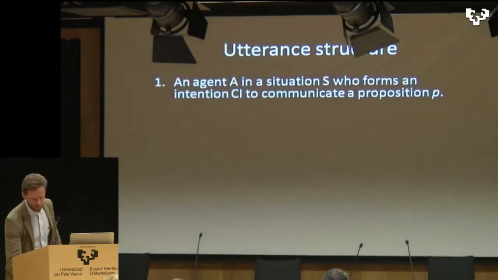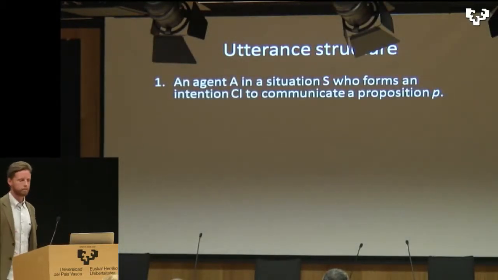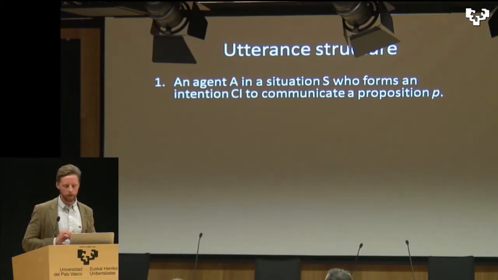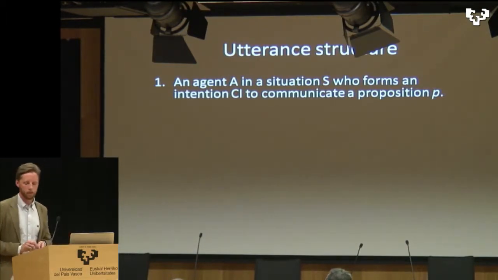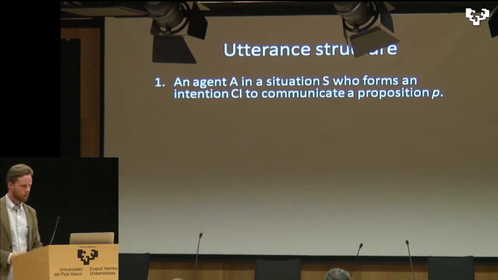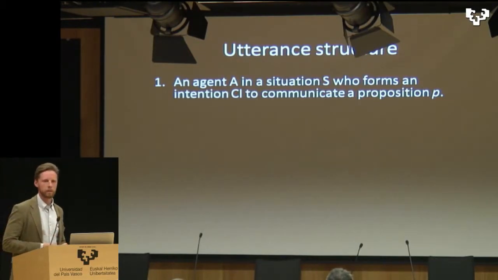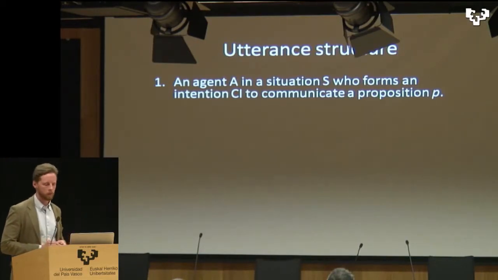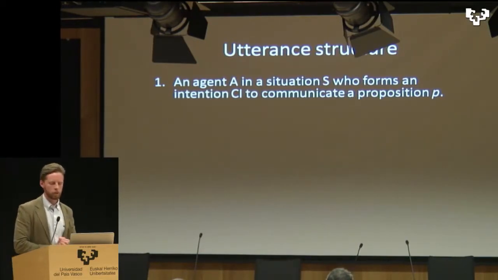So I'm going to give you a very rough and in many ways inadequate, but for present purposes sufficient, description of the structure of an utterance. You have an agent in a certain situation, and she forms this intention, CI. Let's suppose it's a communicative intention, an intention to communicate a proposition.